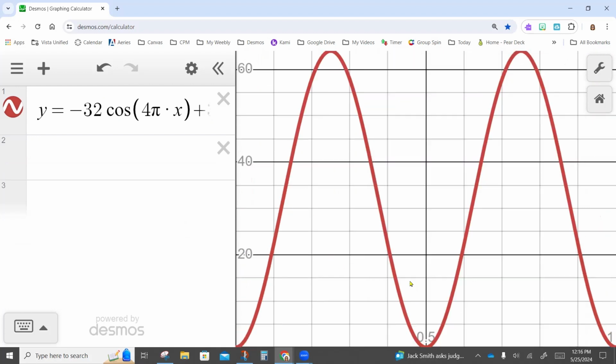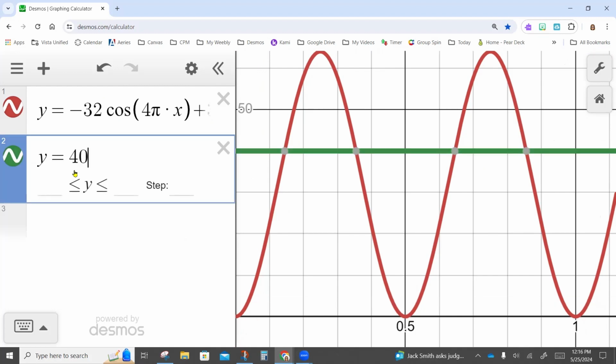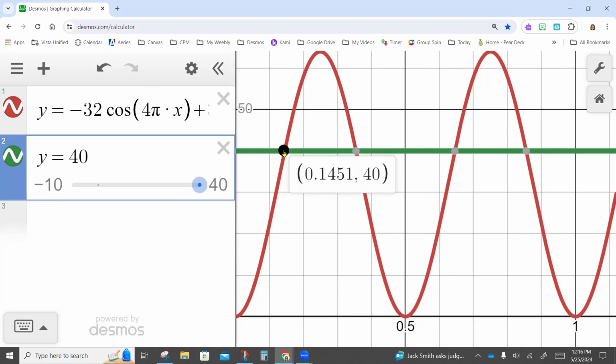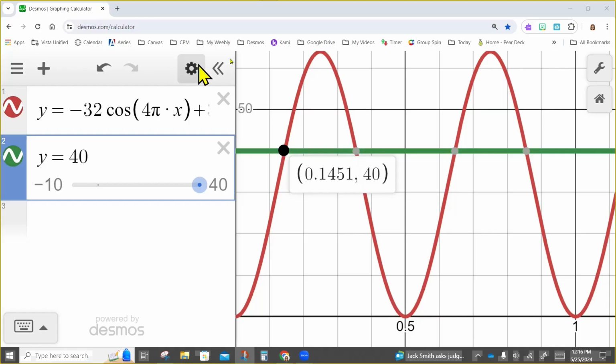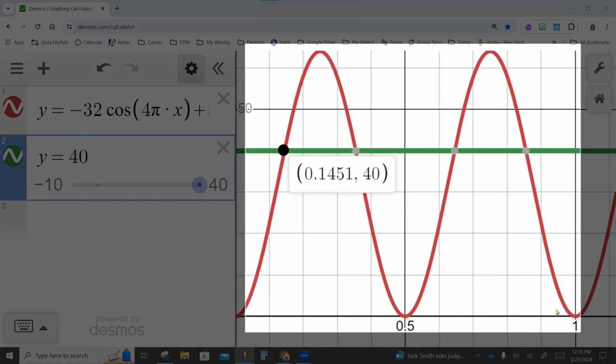You see within 1 second, I've had 2 revolutions. And I want to know when it's at a height of 40. So I'm going to draw in y equal 40. And that's going to be at 0.1451 seconds. I'm going to take a screenshot of this and add that on to my paper.